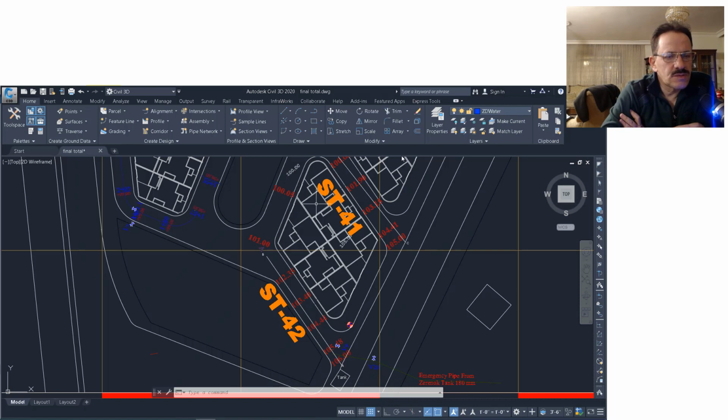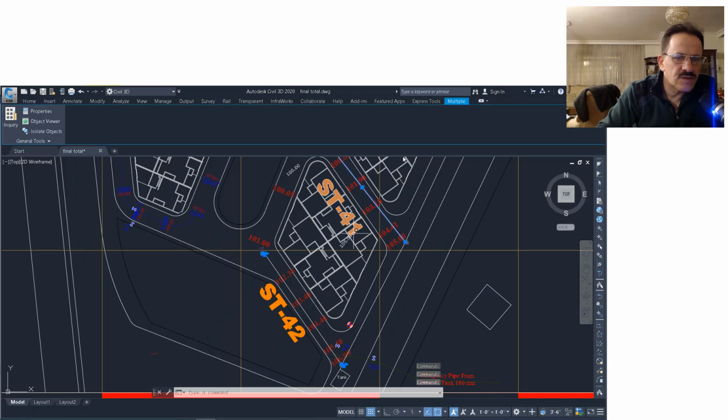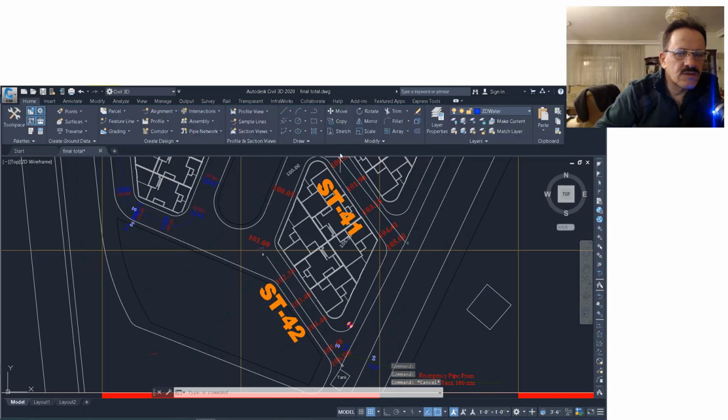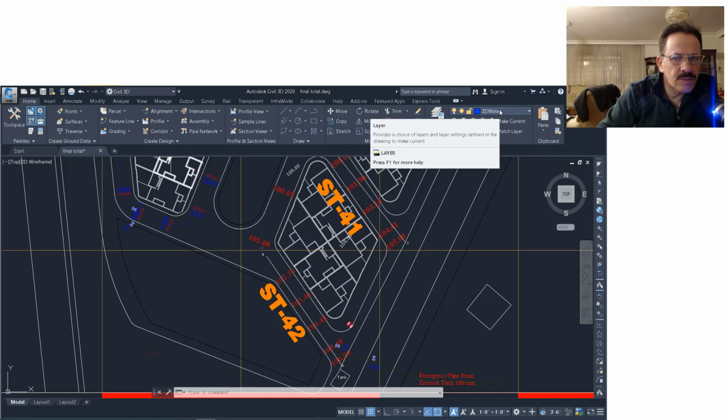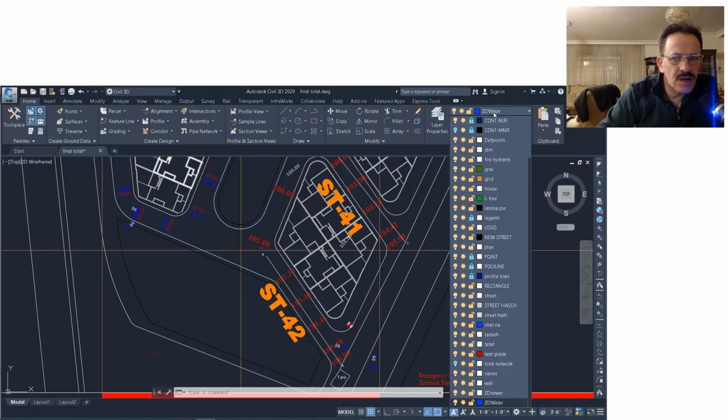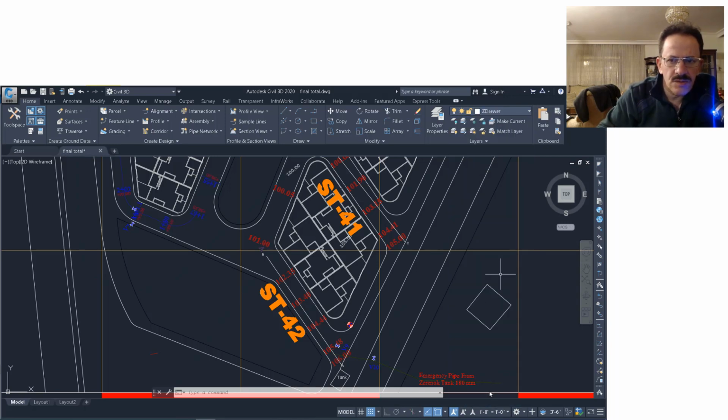I have to go. And by the way, you have to put the valves here. I want a valve here, and I want a valve here, and a valve here, and a valve here. You have to locate them. Okay, when you are done with the water, I prefer to lock the zone or hide this one and go to the zone that we have for these sewers, and make this one current and hide the previous zone.